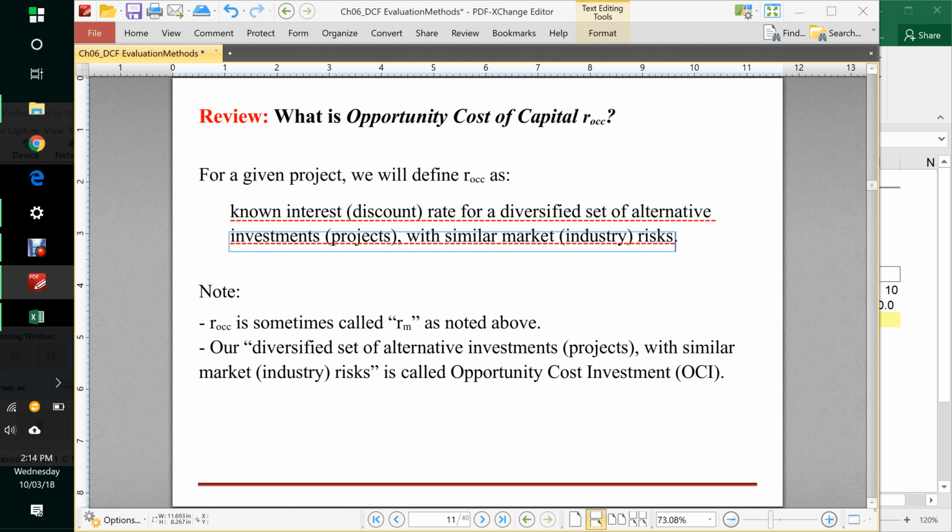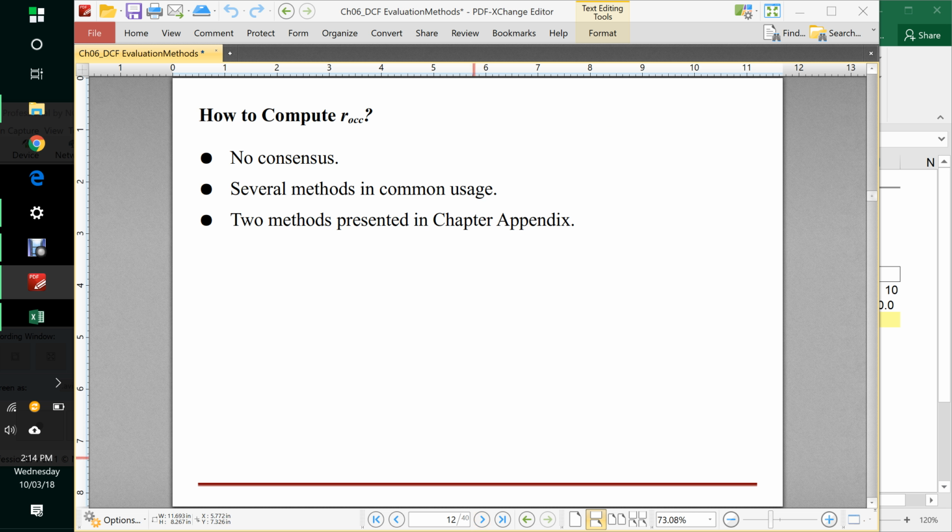Okay, this is pretty much as defined in microeconomics, and it's gone over very carefully in the prior chapters, which you'll have a chance to look at on video. Okay, and our diversified alternative set of investments is called our opportunity cost investment collectively.